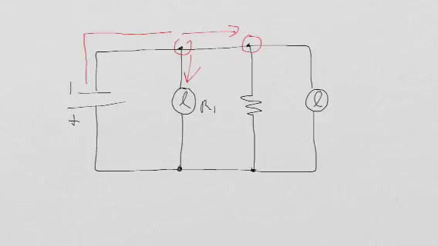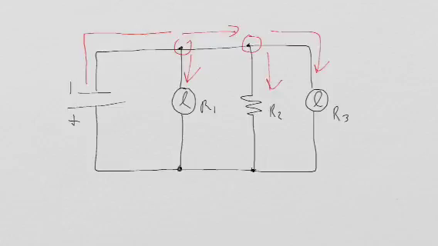This is still R1, this is still R2, and this is R3, same as we had in the last circuit. And when it gets to this second node or branch, it can choose to keep going this way towards light bulb number 3, or it can go down resistor number 2's path.